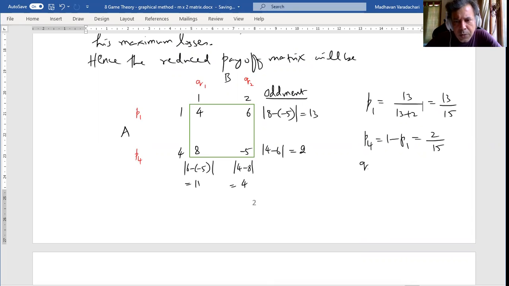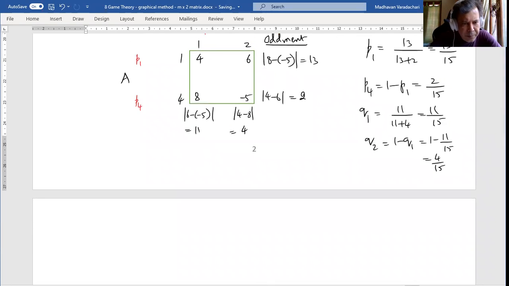Same way, Q1 corresponding oddment is 11. Sum of the oddments is 11 plus 4, so Q1 is 11 by 15. Q2 will be 1 minus Q1, that is 1 minus 11 by 15, which will be 4 by 15. Now we can calculate the value of the game.